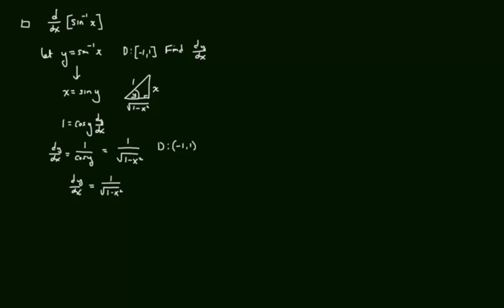Isn't that nice? So I'm going to come over here and write my final answer, 1 over the square root of 1 minus x squared, and I am going to write the domain of that. This gets added to our book of memories. All right, let's move on now to the next one.